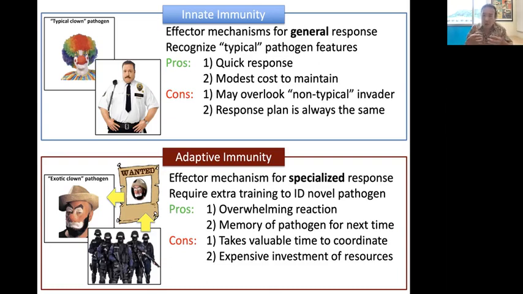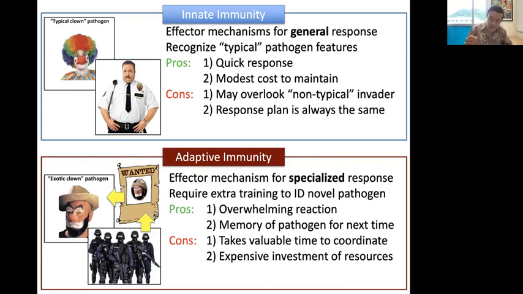It requires that your adaptive immune system begins to essentially realize that this is something bad, and they start printing out these wanted posters that then can be circulated to get the rest of your adaptive immune system to sort of wake up and recognize and look for this particular target.